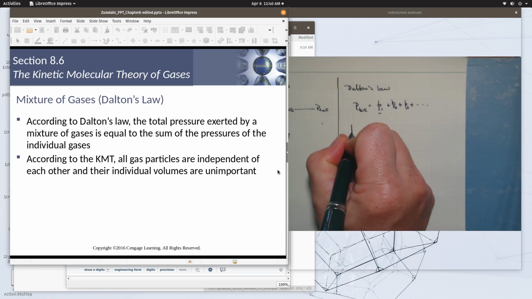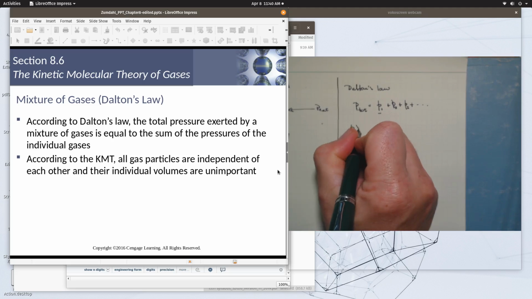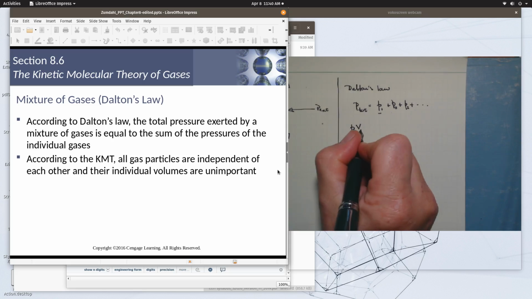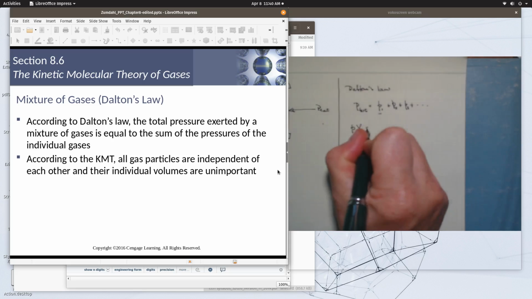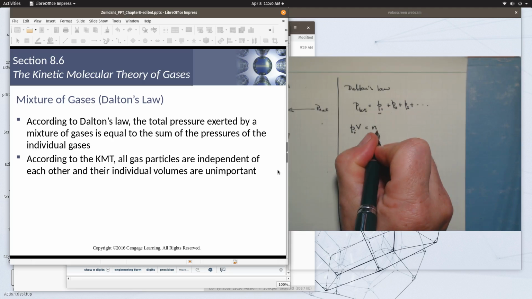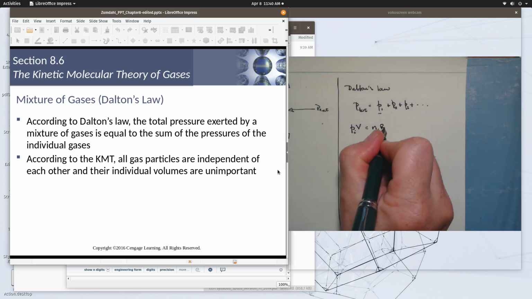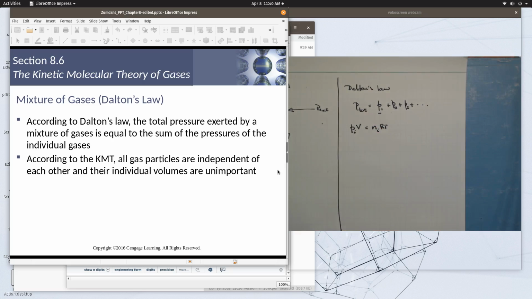So you can understand this in a very simple way. If you say that the partial pressure of species i times the total volume of the system is equal to the number of moles of species i times RT. Okay, and the total number of moles is N1 plus N2 plus however many different moles that I have.